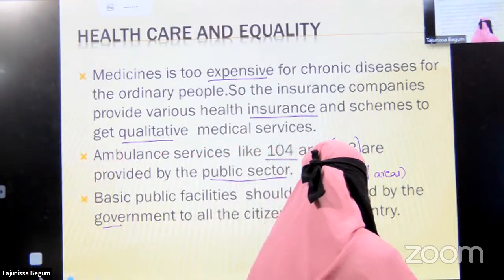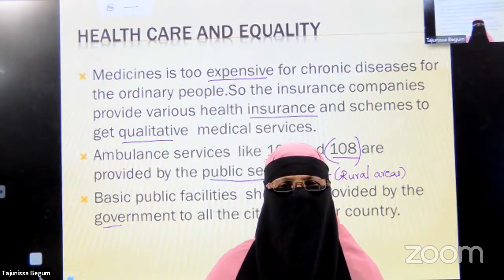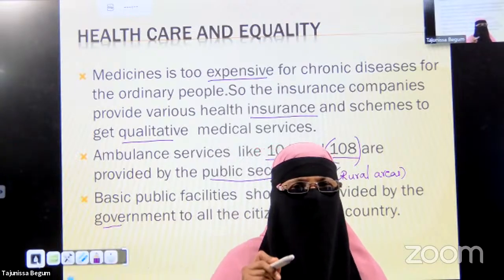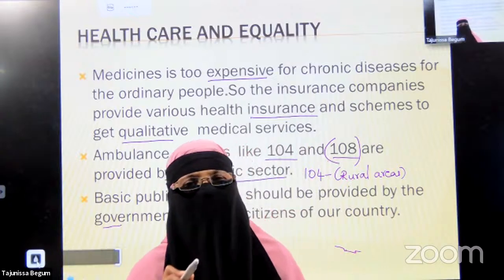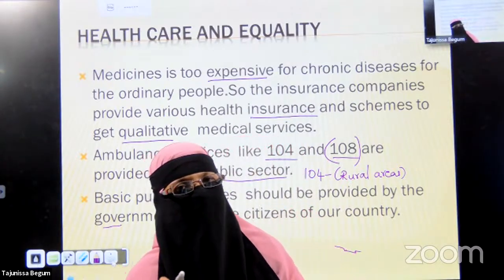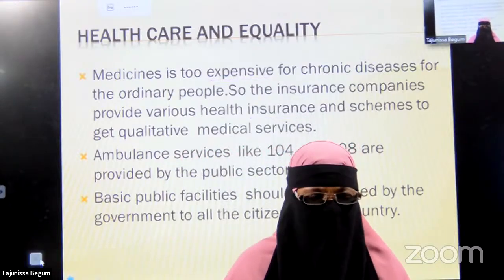It is the responsibility of the government to provide facilities to all the people. As I told you before, the government is run by the people, for the people, of the people, so it should give health services to all categories of people. According to the Indian Constitution, right to life, right to live, that is Article 21.